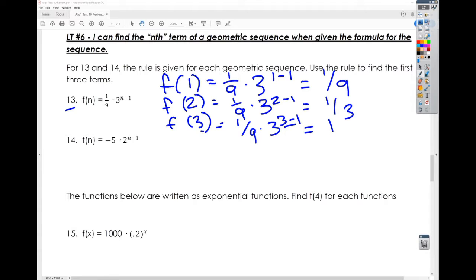And so the first three values in this sequence for problem 13 are 1/9, 1/3, and 1. Okay? Number 14 is done very similar to that. The only difference is you're going to be plugging the 1, the 2, and the 3 into that function and seeing what those values would come out to equal.